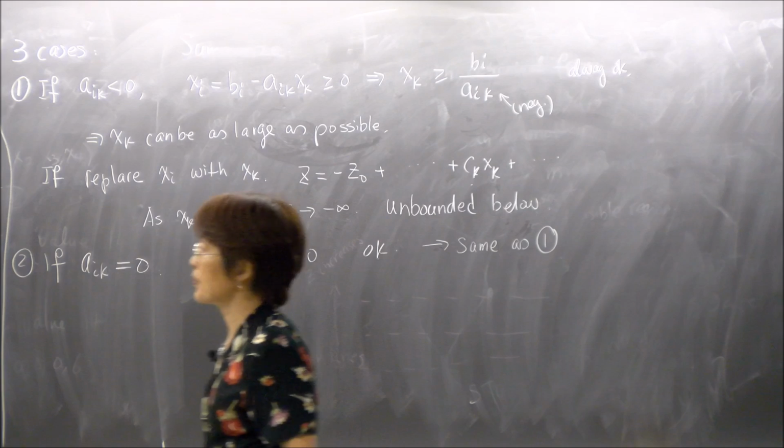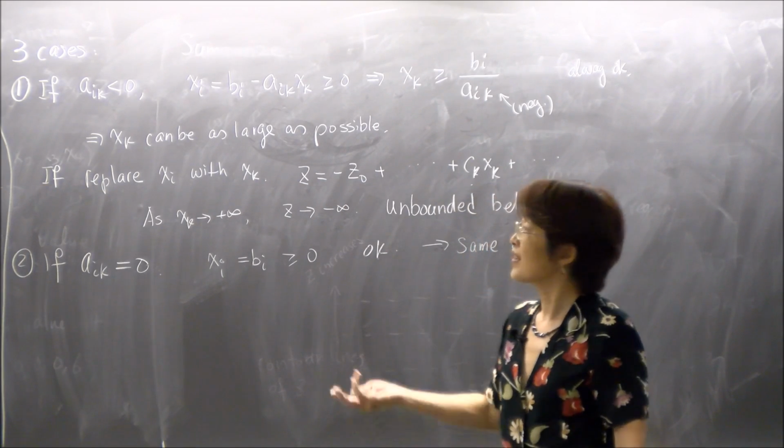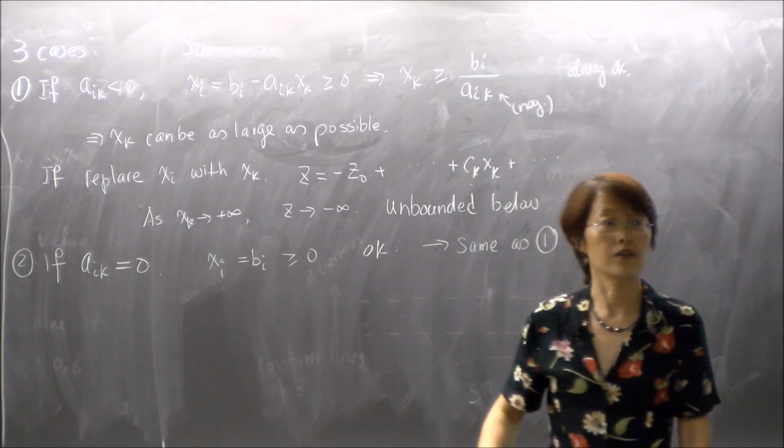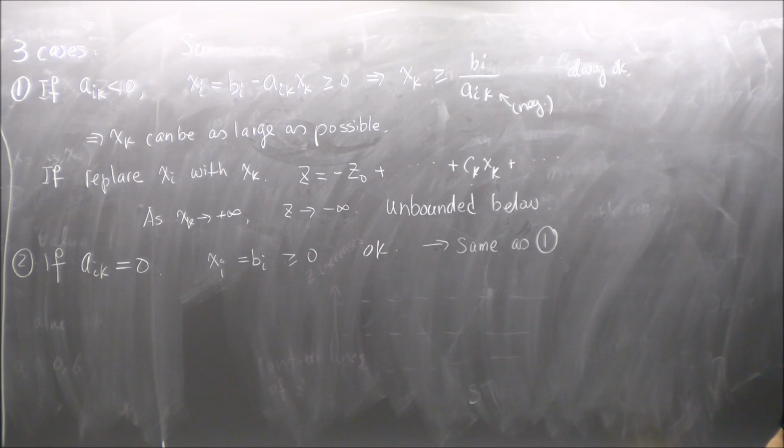Say now I have a problem and I find a c_i that's negative, and I looked at that column and I checked all those a coefficients, and I found out that they all fall into case 1 or case 2, meaning they're either 0 or negative. Then what can you conclude about the minimum for z?